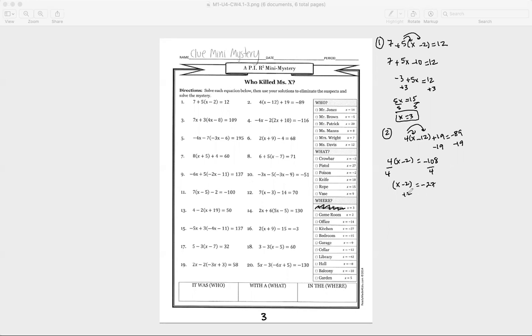So then by adding 2 to both sides, you get x equals negative 25. Do we have negative 25?